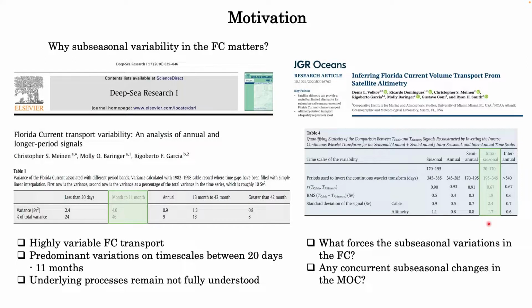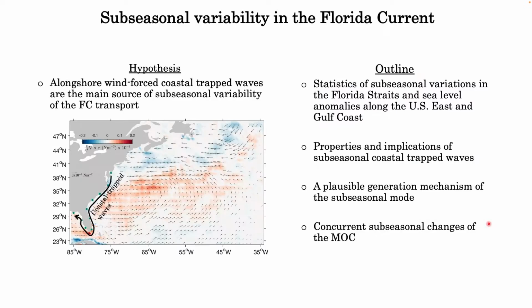So obviously, these intraseasonal, subseasonal variations are quite robust in the Florida Current transport. But in my opinion, the underlying mechanisms are not fully understood. And I wonder whether there are any concurrent subseasonal changes in the MSC as well.